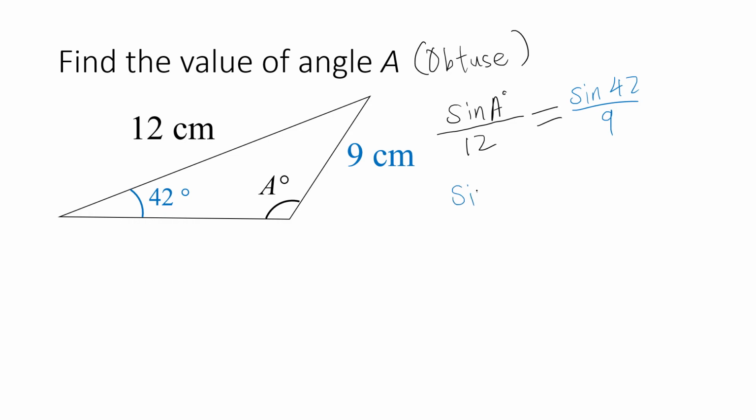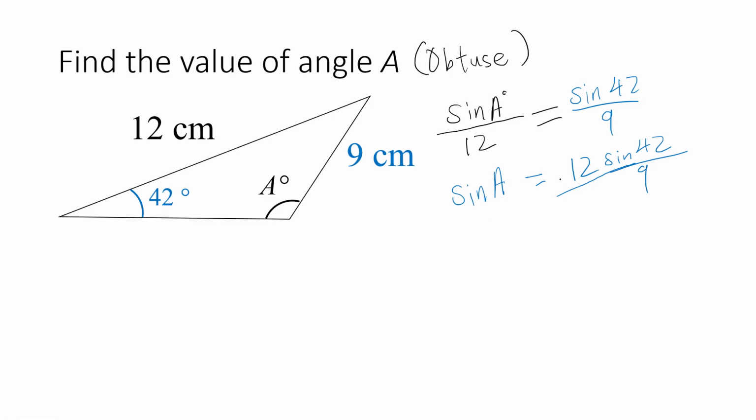It will be sine A is equal to 12 times sine 42 over 9. And like I said, you do not have to calculate this out. You can just leave it. Or actually, I would prefer if you leave it like this. And to be honest, you don't need to write the times. You can just write like this. This means 12 times sine 42.